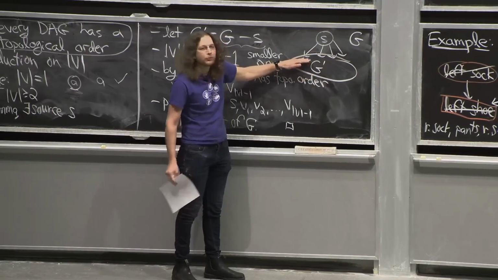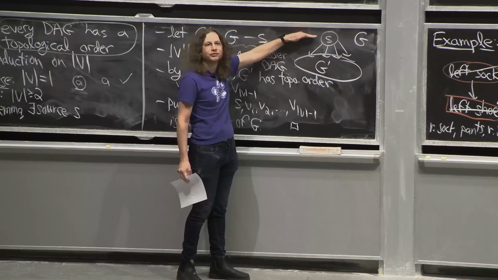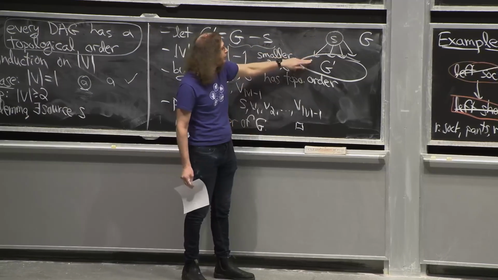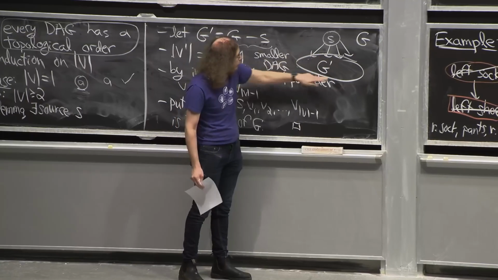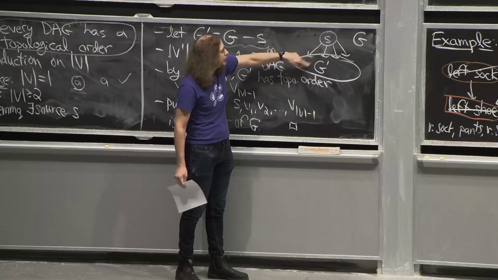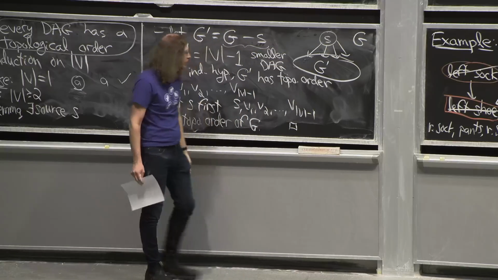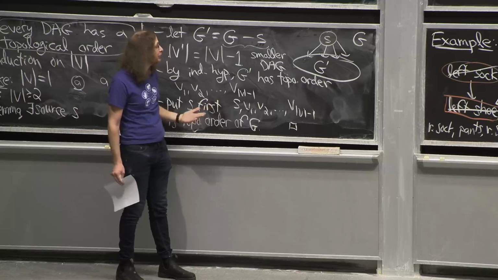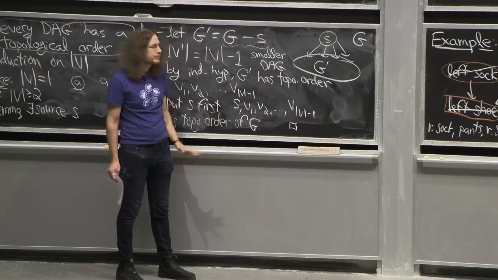Once you're inside G prime, you can't escape. You can't get back to S. It's like in a different strongly connected component. Any vertex down here, which is all of the V1 through V minus 1, cannot reach S because it only has outgoing edges. And so they also appear before all the vertices they can reach because all the vertices they can reach are within G prime. Cool.